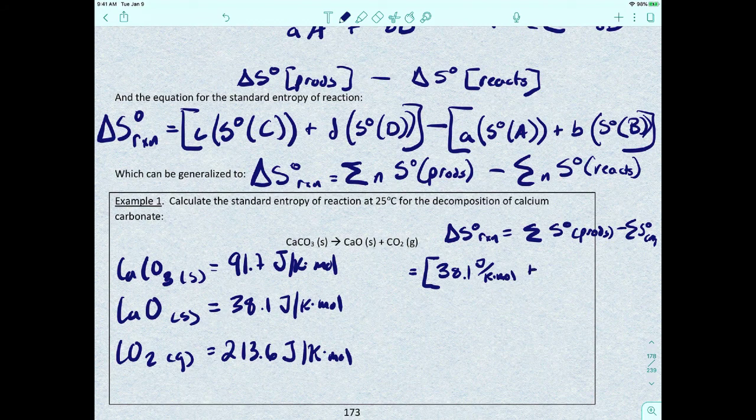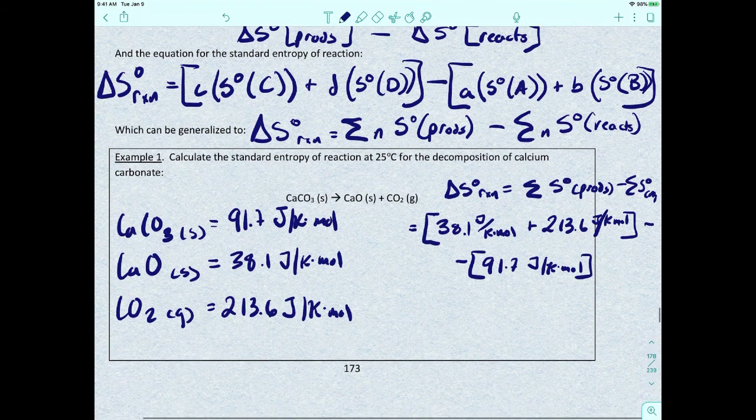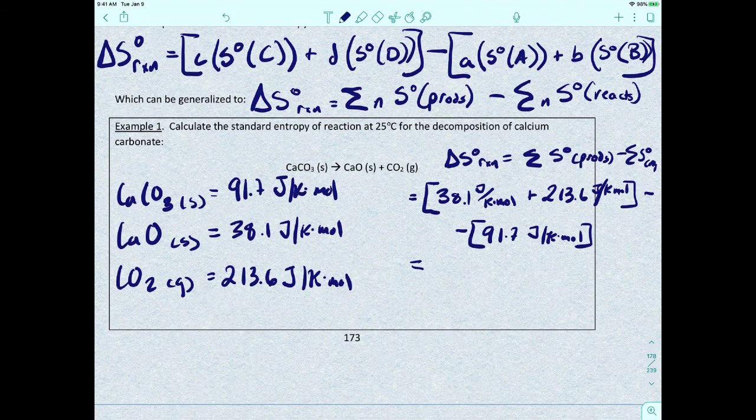Plus, for CO2, 213.6 joules per K-mole, also multiplied by 1. Minus the entropies of the reactants, which in this case is calcium carbonate, so 91.7 joules per K-mole, also multiplied by 1.